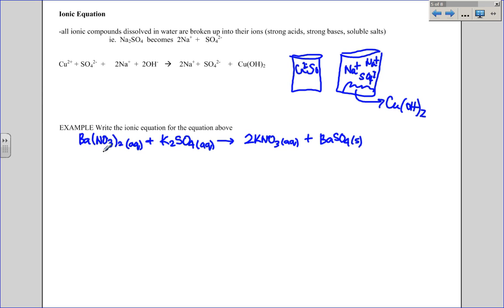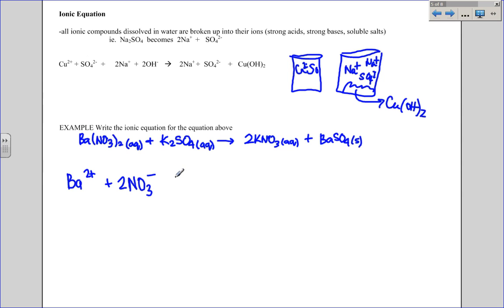So this one here, barium nitrate, is aqueous, so it will break up. The ions that it breaks up into are barium 2 plus and nitrate. I've got 1 barium nitrate, so I've got 1 barium ion, and there are 2 nitrate ions.